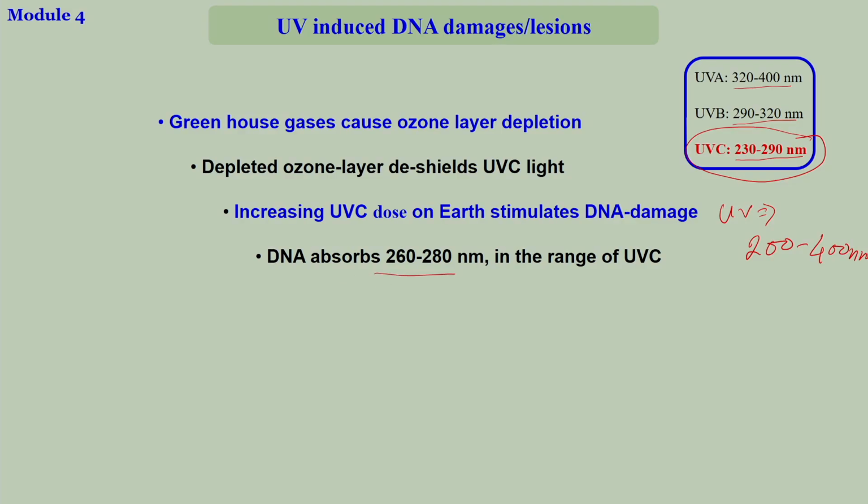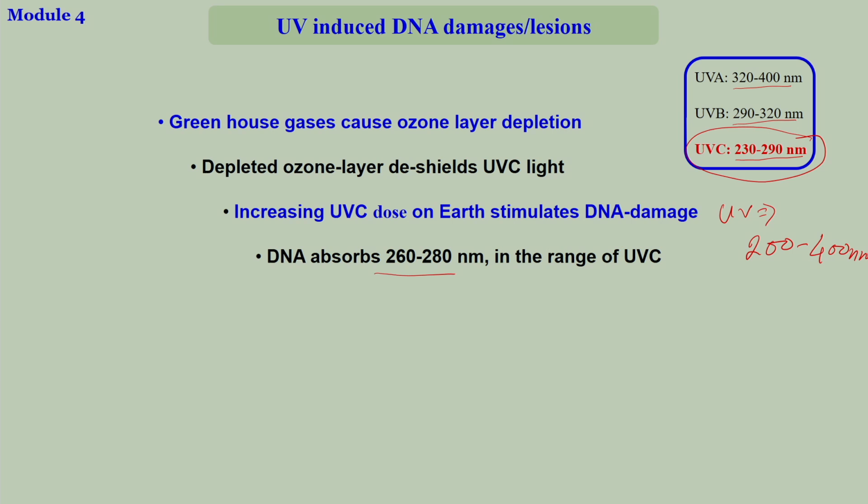But for protein, not all amino acids are active for absorbing UV radiation, only very few of them like tryptophan and so on absorb the UV radiation. So, DNA absorbs between 260 to 280 nanometer, and protein absorbs between maybe 270 to 290 nanometer, something like that.